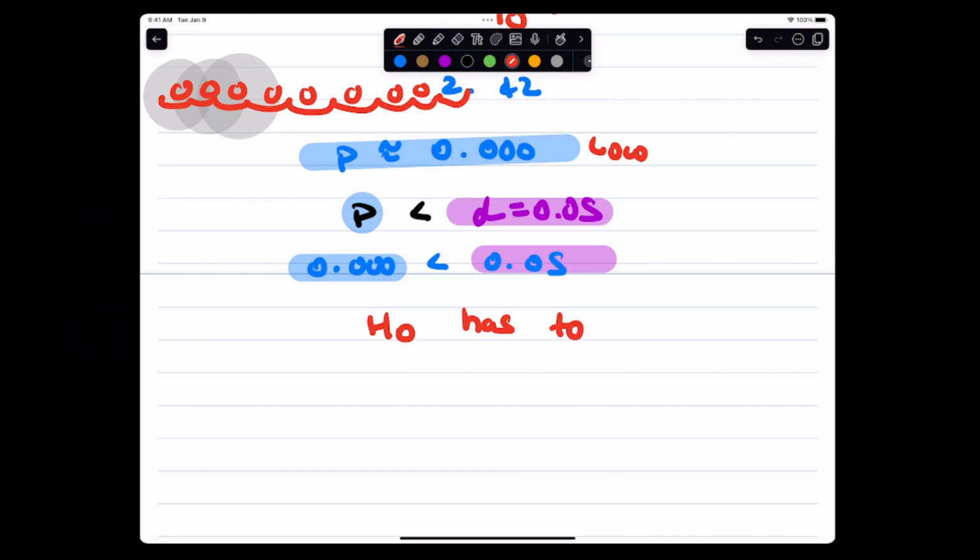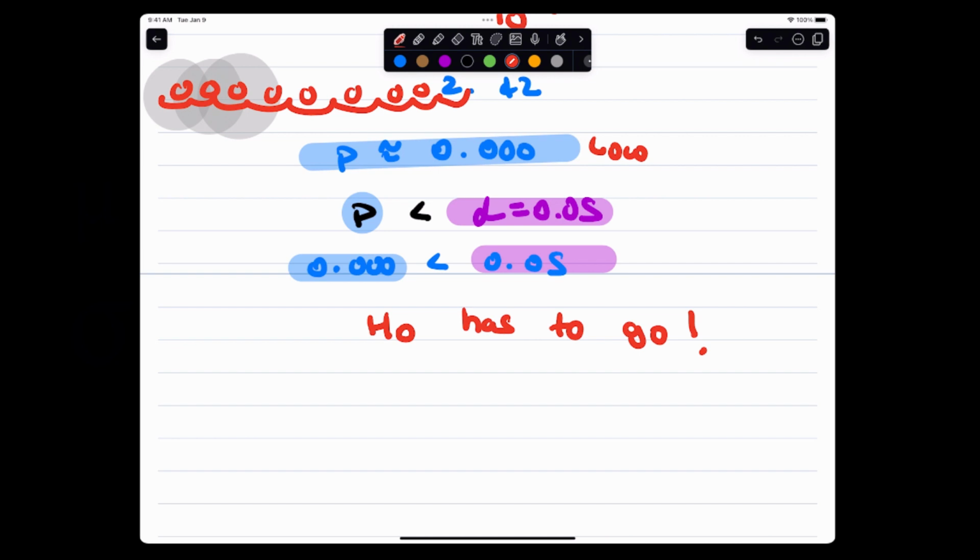The null has to what? Go. So this is the probability that your null hypothesis is what? Valid. Probability, your null hypothesis is valid.